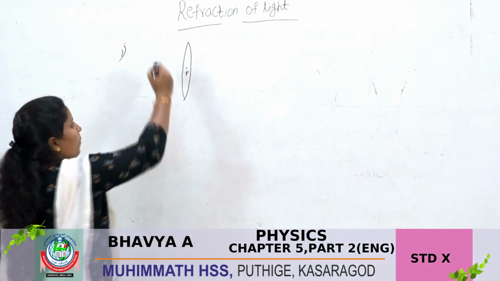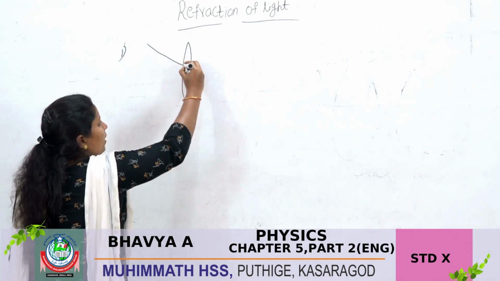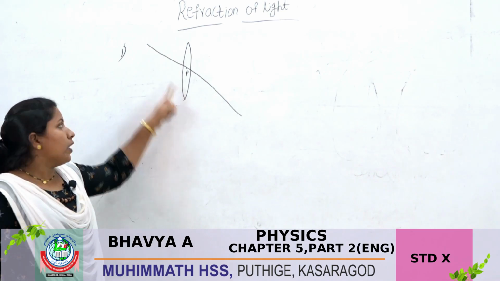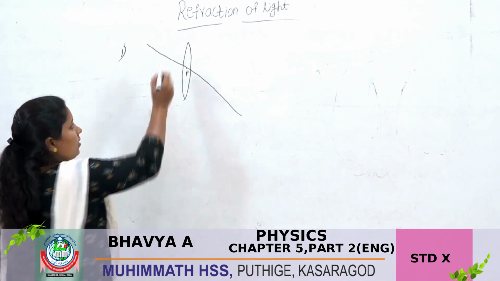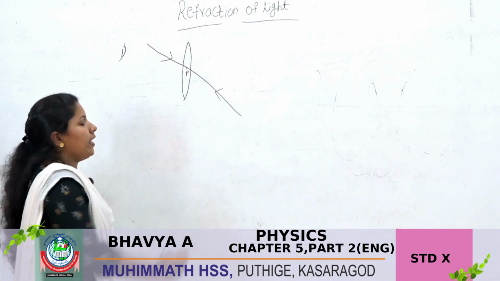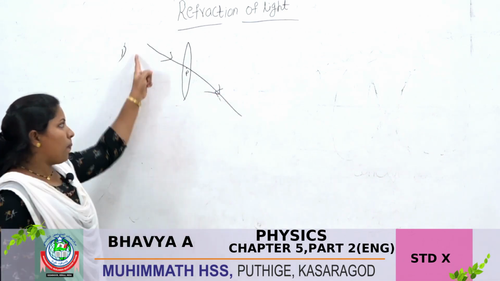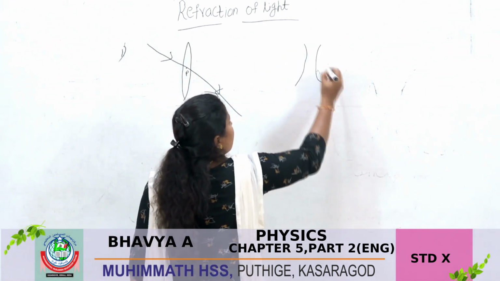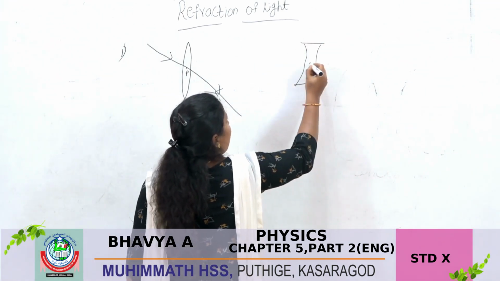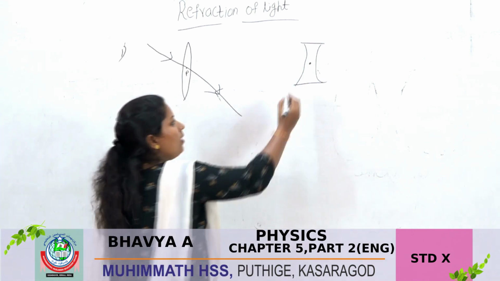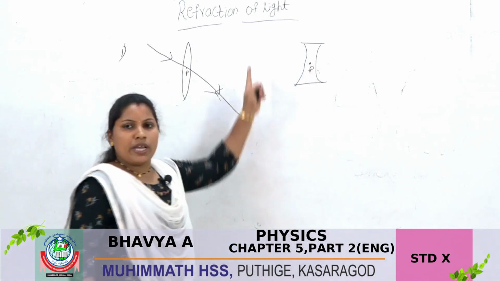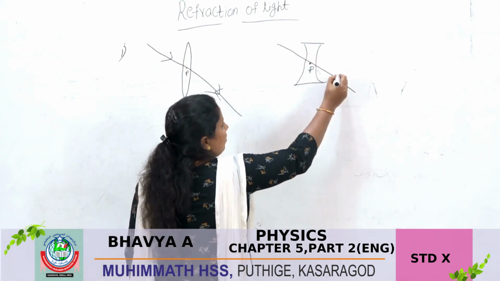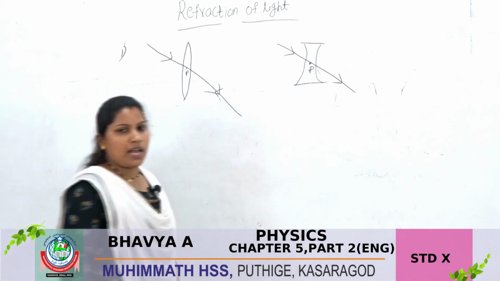When a ray of light passes through the optic center, it passes like that and does not undergo refraction.